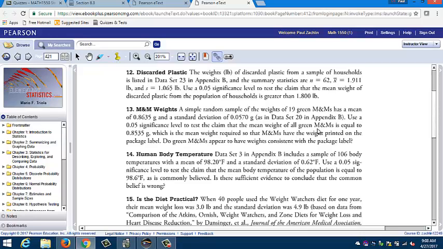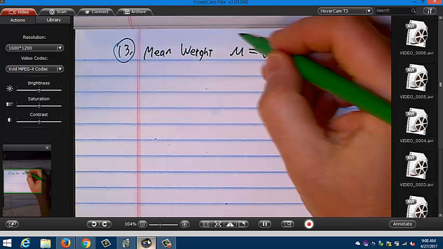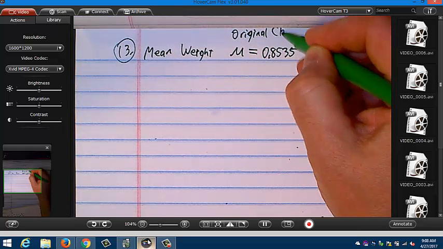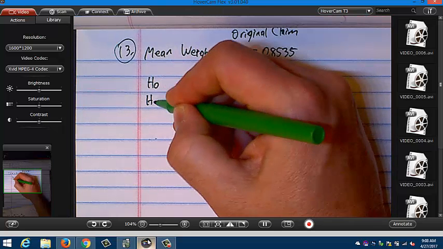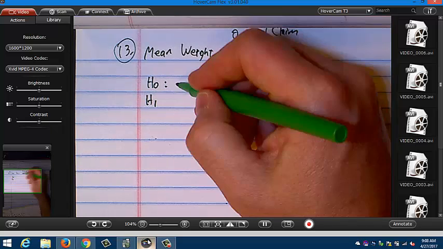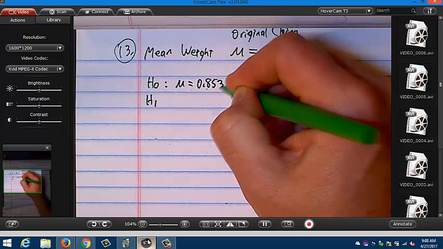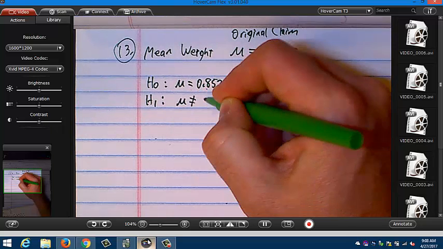Guys, did you write this for the original claim? Yes. Where does that go? That's going to be H0. So H0 is going to be mu equals 0.8535, and then H1 is going to be mu does not equal 0.8535.